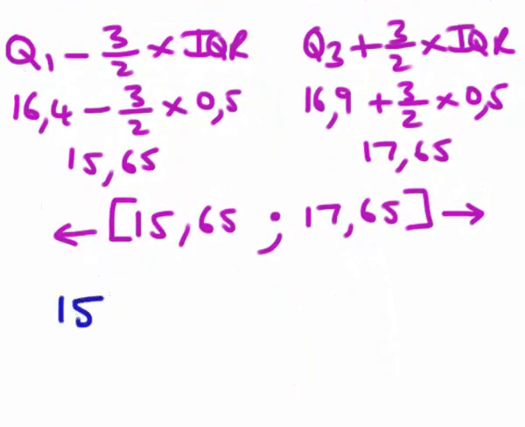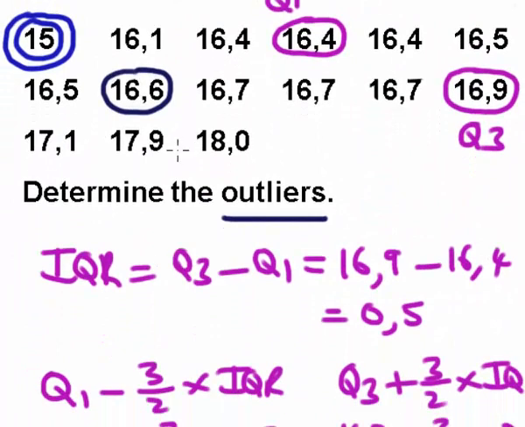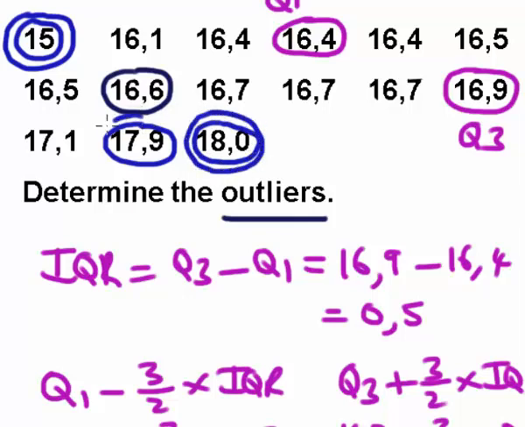And then what about 17.65? Well, we have two scores that would do that. It's 17.9 and 18.0. These guys are also outliers. They're on the outside of that interval.